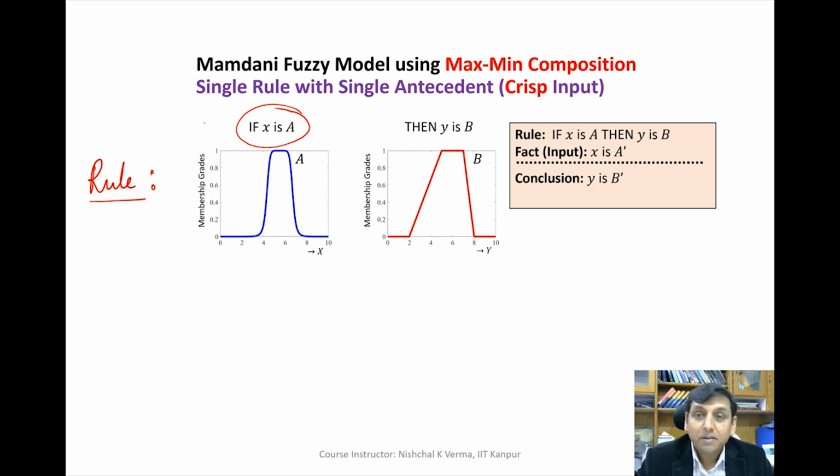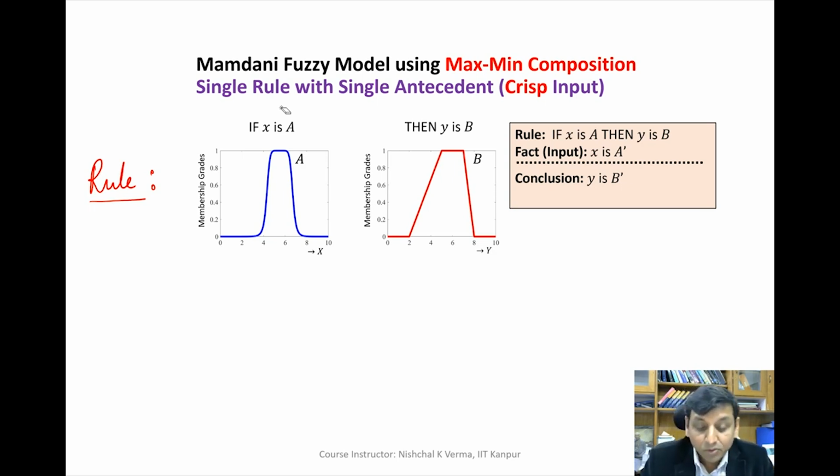But when we say multiple antecedents, or two antecedents, then here we would have x1 is A1 and x2 is maybe A2 or something like that. So a multiple antecedent scenario would have been like that. But since here we have x is A, it means we have a single input in this fuzzy model.